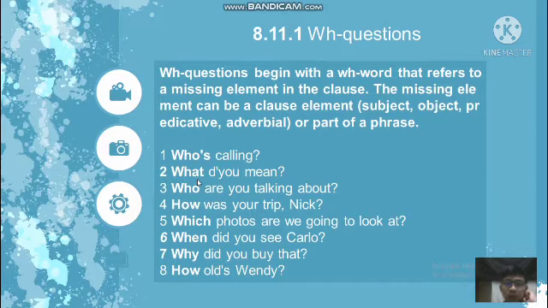An operator is a verb form that can come first in a question. For example, what do you mean? We have do, or did, as an operator. Who are you calling? We have are as our operator, then you as the subject. How was, then which photos.